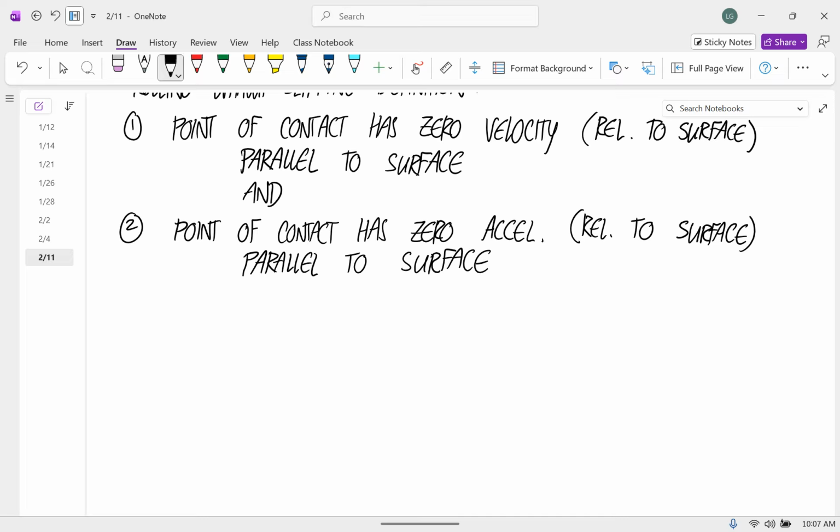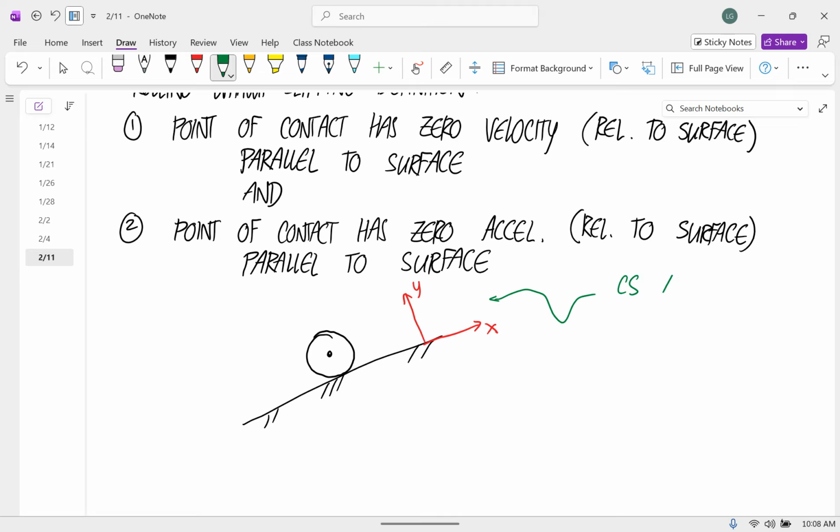If this is your surface, and this is the object that's rolling on the surface, we're always going to define our coordinate system with the y-axis straight out of the surface and the x-axis along the surface. So this coordinate system aligned with the surface is important here.